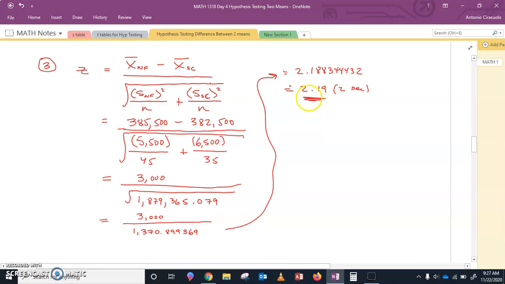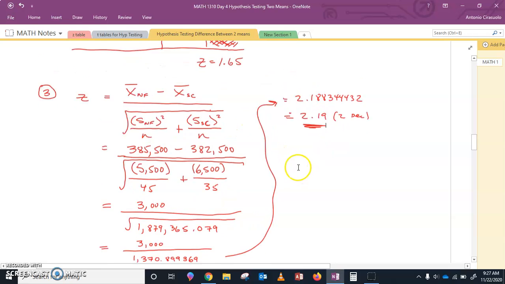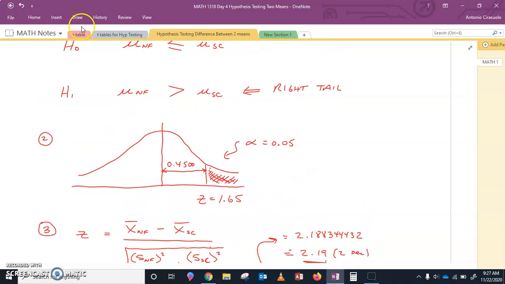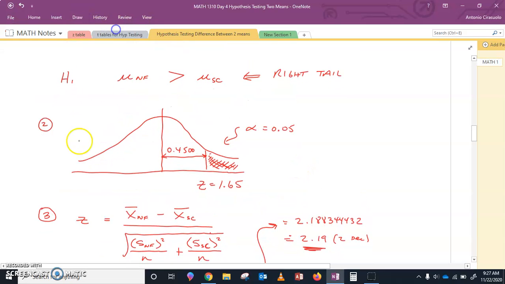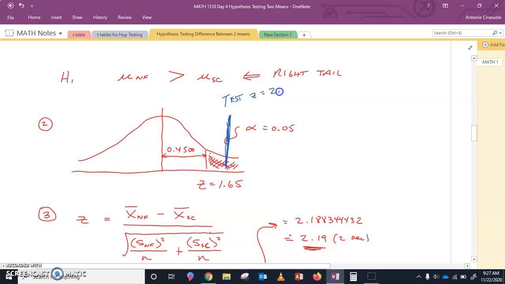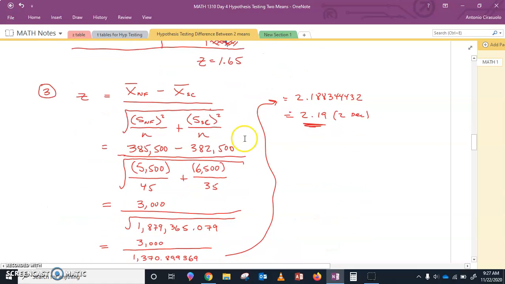And once again, I'm going to plot that onto the curve. So 2.19 ends up being, well, it looks like it's going to be far off into our rejection region. So it's somewhere here. So here's our test value, 2.19. And so you can see then our decision is to reject H0, our null hypothesis.